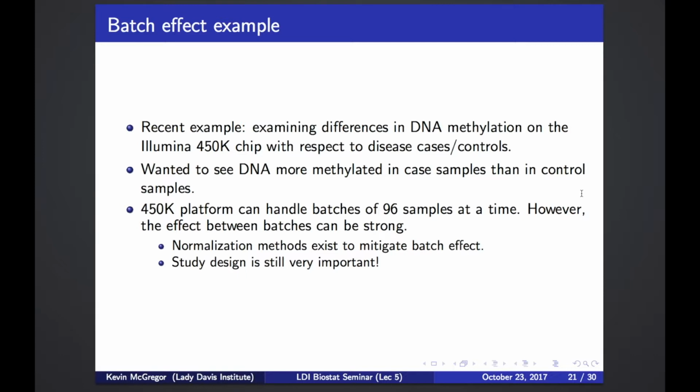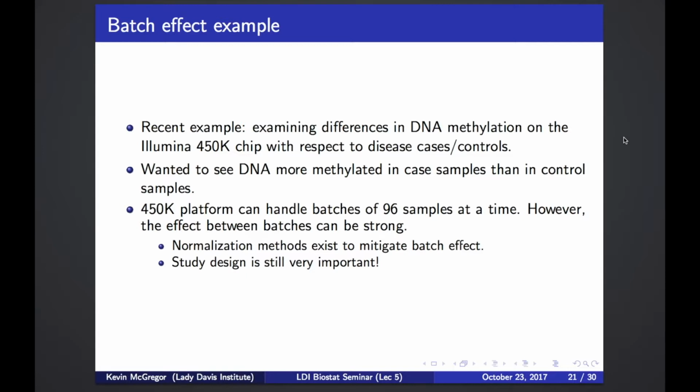Okay, so I'll give a quick example of a batch effect from something that I've experienced in my own research. I've looked a lot at DNA methylation analysis, using data from the Illumina 450K chip.